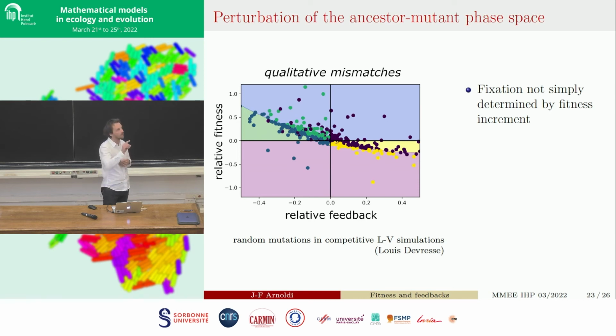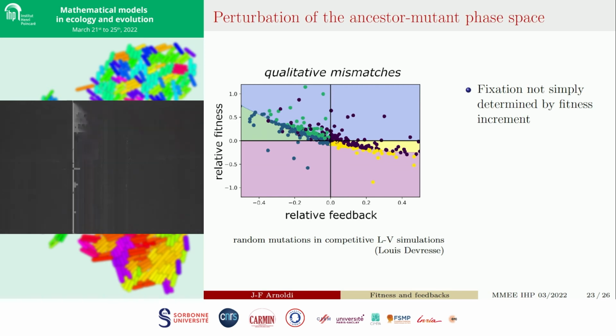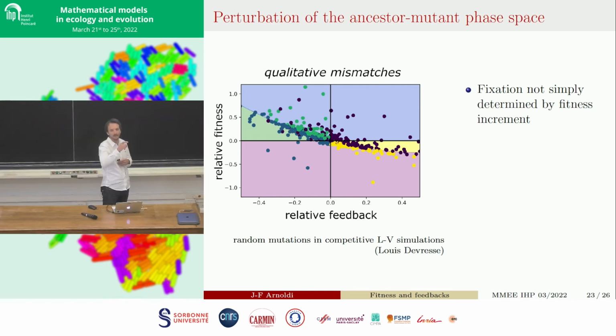So the points that I'm showing here are those points that should not be the color that they are based on the two-body problem. It means that there, for instance, you have failed invasions that shouldn't have failed if you had just worked it out from the two-species case, but they have failed because of the community, and so on.